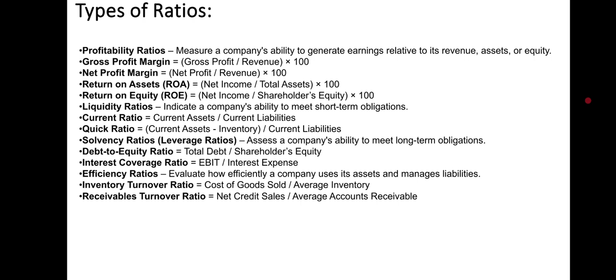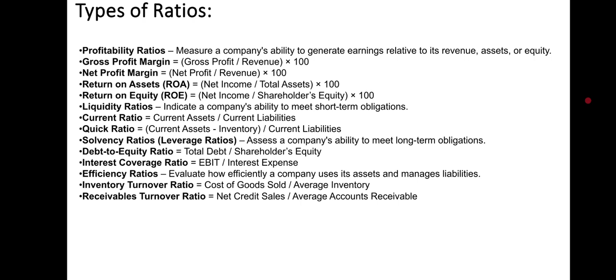Solvency ratios are very helpful to assess a company's ability to meet long term obligations. For the debt to equity ratio, you divide the total debt by the shareholder equity. For the interest coverage ratio, EBIT is divided by interest expense.